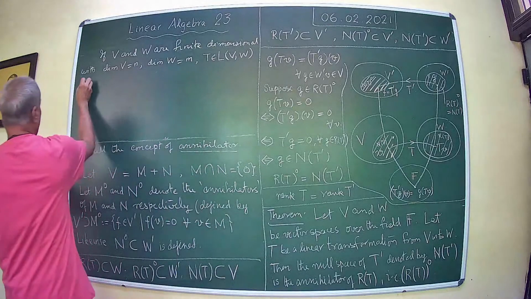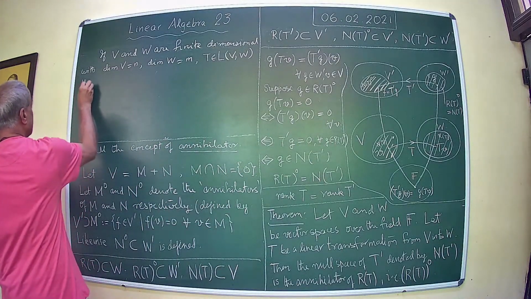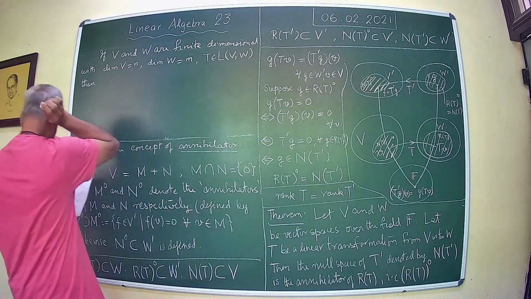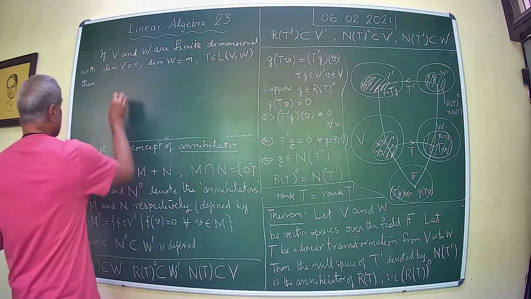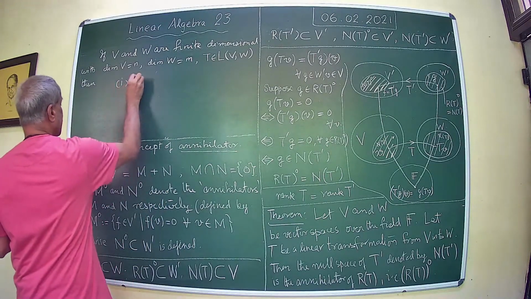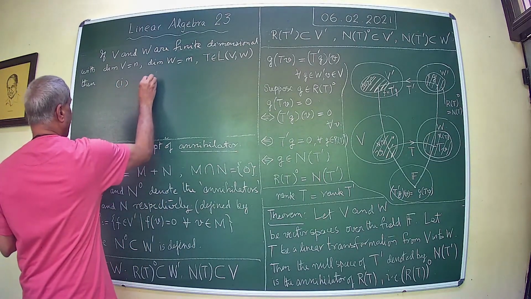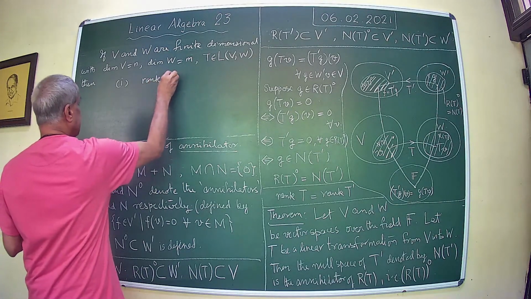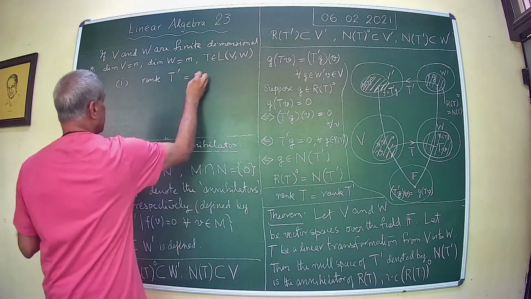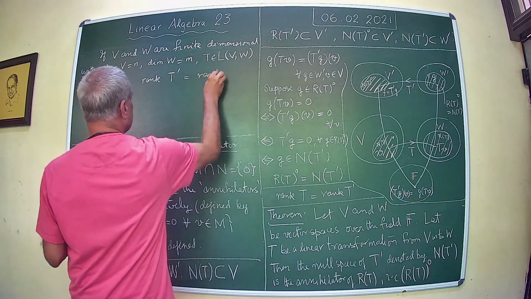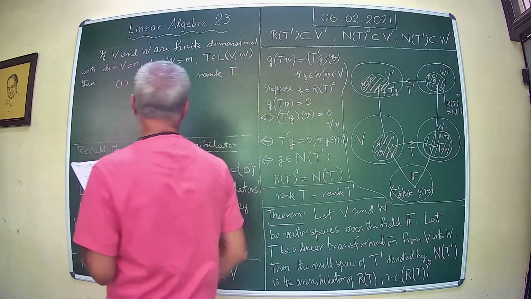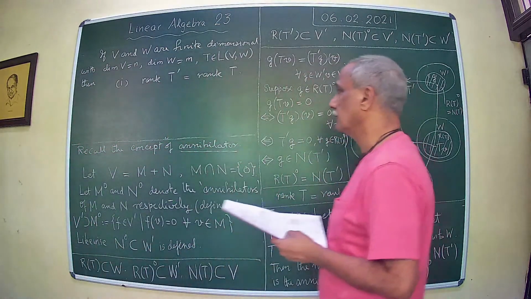Then we have the first statement: both T and T prime have the same rank.